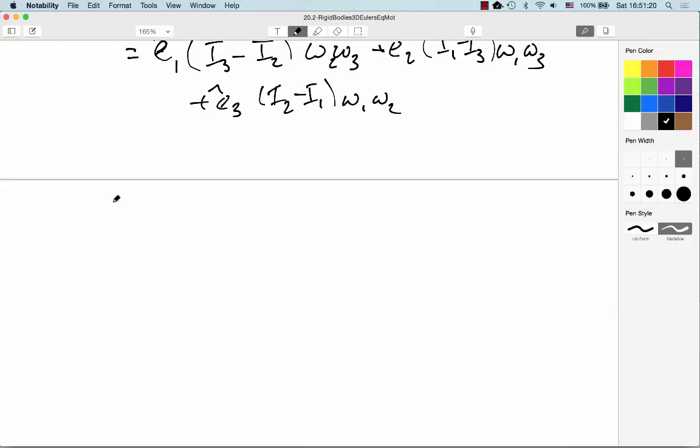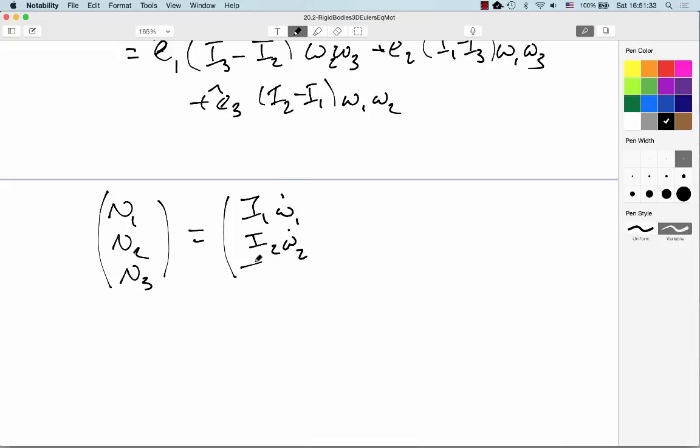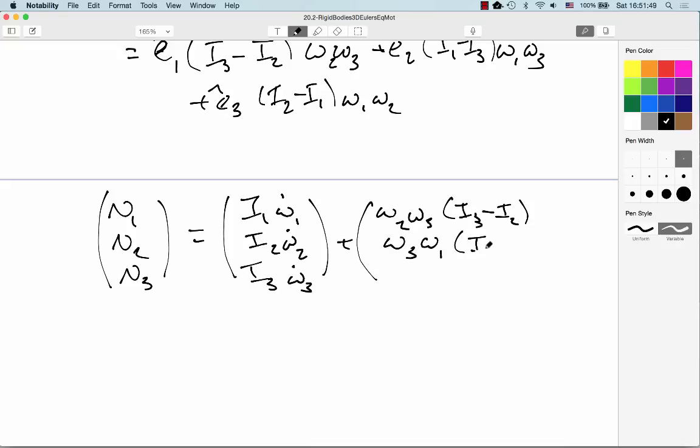So if we write it as a column vector, n1, n2, n3 will be equal to I1 omega 1 dot, I2 omega 2 dot, I3 omega 3 dot, plus omega 2 omega 3 (I3 minus I2), omega 3 omega 1 (I1 minus I3), omega 1 omega 2 (I2 minus I1).